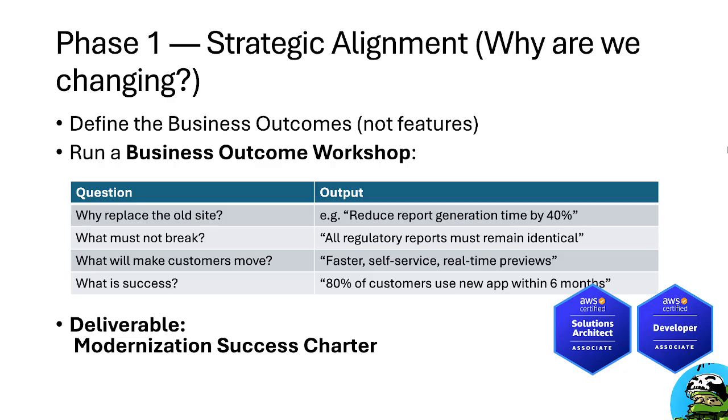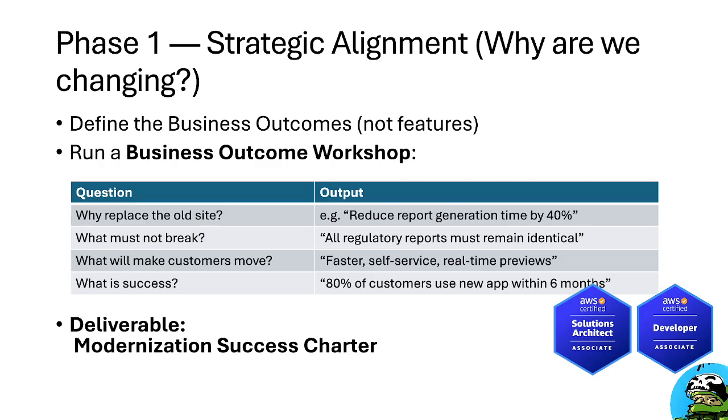The deliverable for this phase is the modernization success charter. What does success mean? It's going to ask questions like what must not break. All regulatory reports must remain identical. What will make customers move? We're going to make our modern web app run faster, self-service so that they don't have to keep contacting us, and real-time previews.